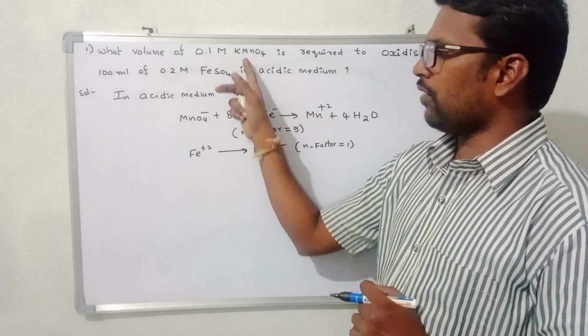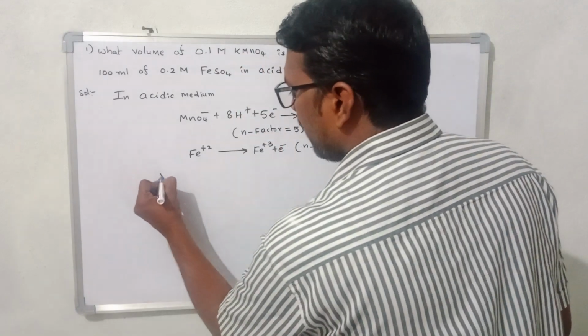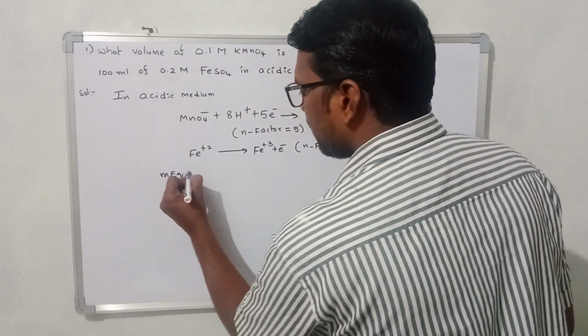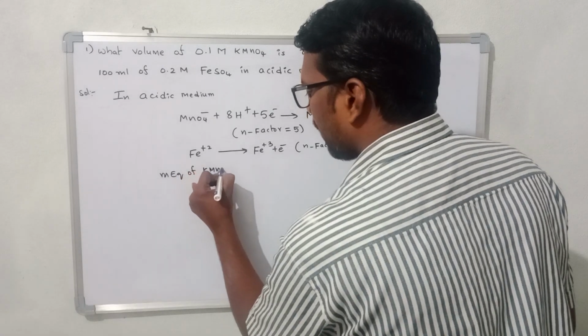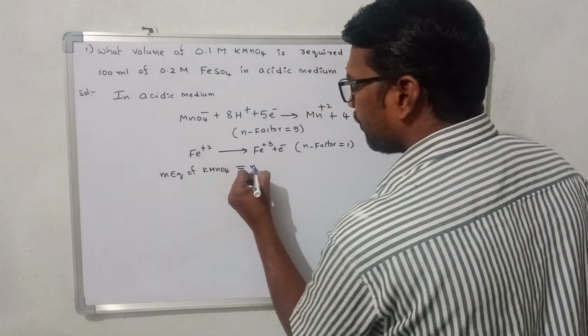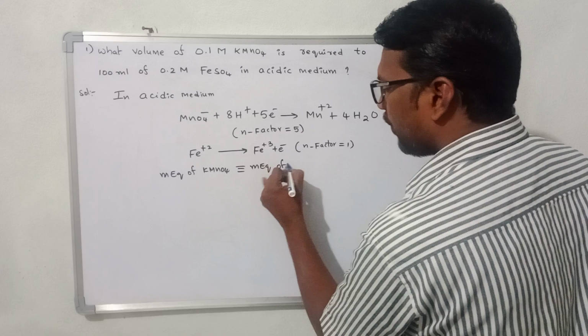While solving problems like these we take the milli equivalent form. So we write: milli equivalents of potassium permanganate equal milli equivalents of ferrous sulfate.